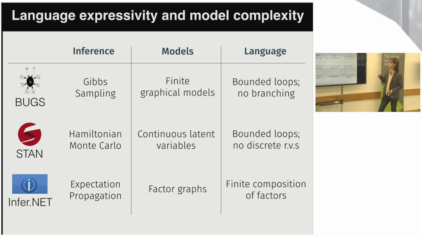So in a lot of these languages, if you have a for loop, the endpoint of the for loop has to be deterministic. You can't have a random number of random variables inside a for loop, or all of a sudden you have something that looks like a Bayesian non-parametric model and it's out of the scope of this inference language that you just wrote down, and so on.